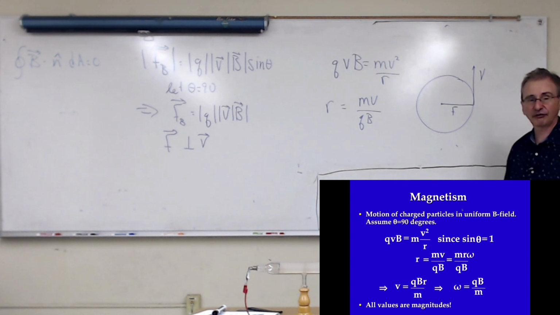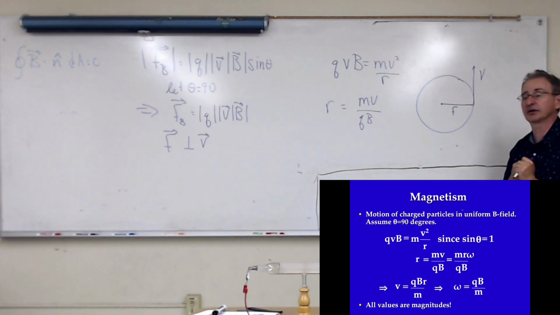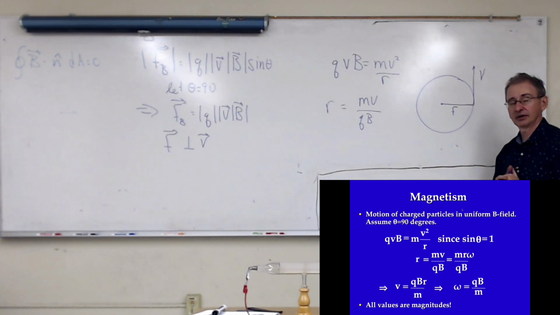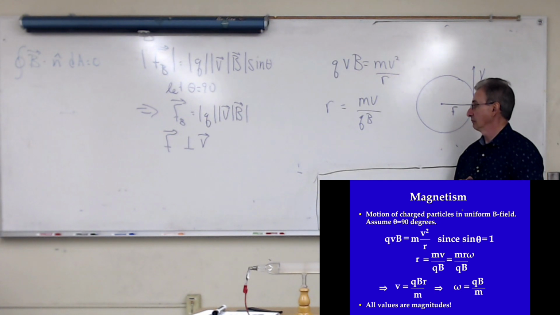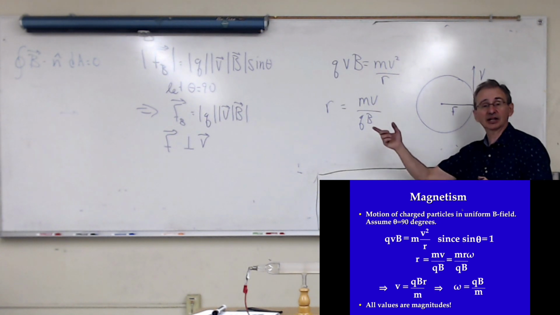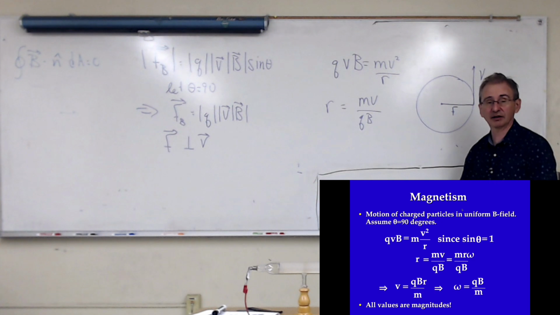And so magnetic fields can select the momentum of a particle. A particle with a different momentum will go in a circle of a different radius. And so magnetic fields can select the momentum of a charged particle. Okay. For a given P, there's a given R in a magnetic field.